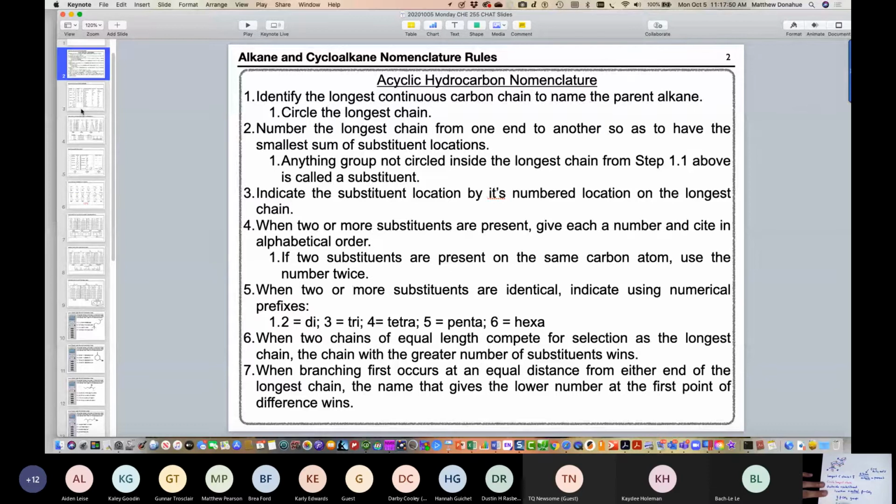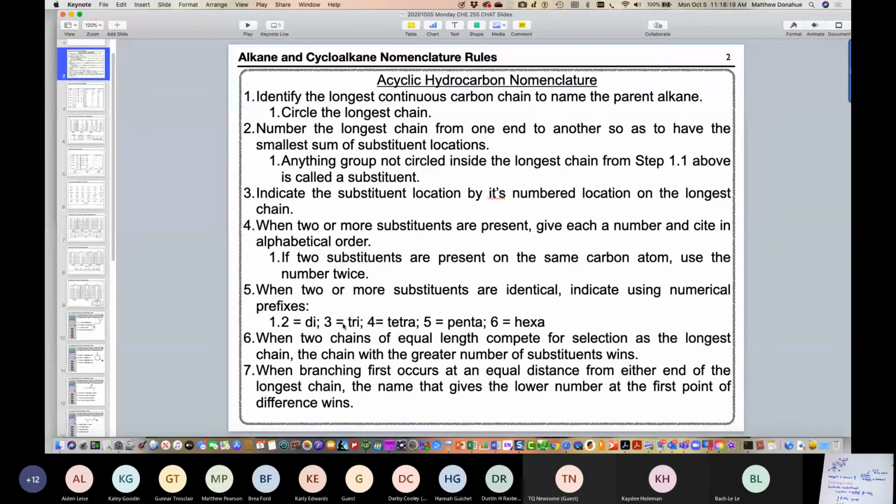So we have 2, 2, 7. So we have 2 methyl groups on carbon 2, and then 1 methyl group on carbon 7. If you look down to rule 5 here, when 2 or more substituents are identical, indicate using a numerical prefix.